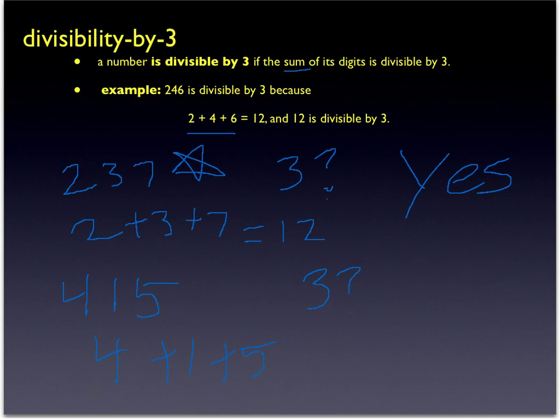So 4 plus 1 is 5. 5 plus 5 equals 10. Is 10 divisible by 3? Well, 3 goes into 9 equally. 3 goes into 12 equally. But 3 does not go into 10 evenly. So no, it is not divisible by 3. So 415 is not divisible by 3. So it's a big no.